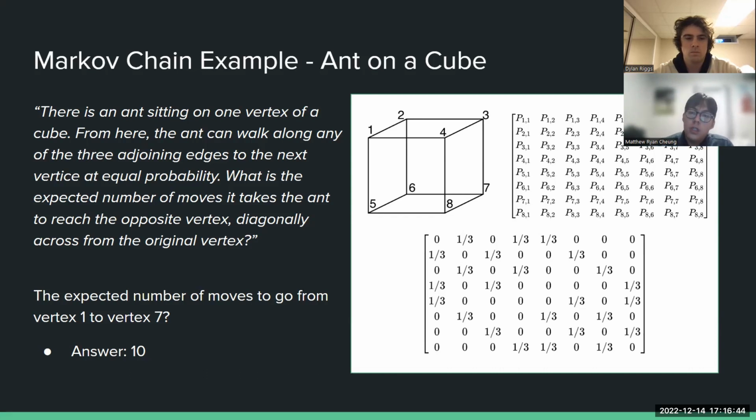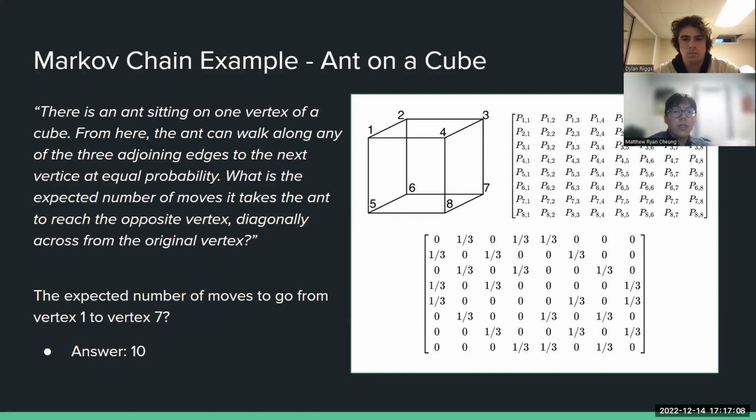So our cube transition states can be listed as follows. The top left would show the transition from vertex 1 to vertex 1. But we are saying the ant has to move, so this probability will be 0. To the right of that, we see the transition from vertex 1 to vertex 2, which is a possible transition and will occur at probability one third.